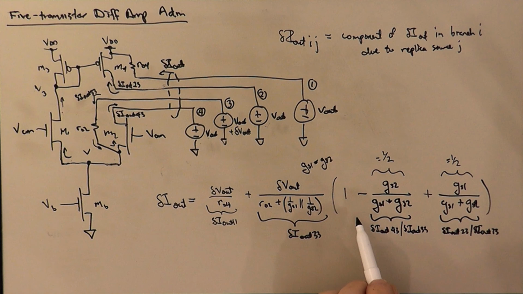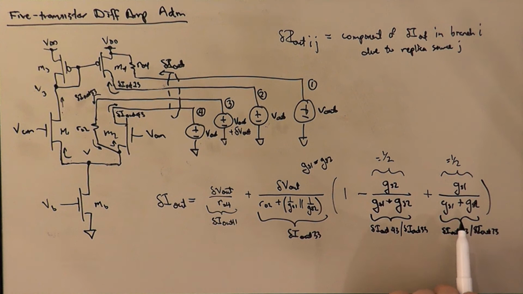So even though there are 4 non-zero components of delta I out due to the delta V out of the 16, these two, the delta I out 4,3 and the delta I out 2,3, happen to cancel each other.